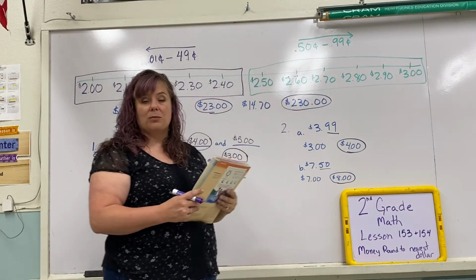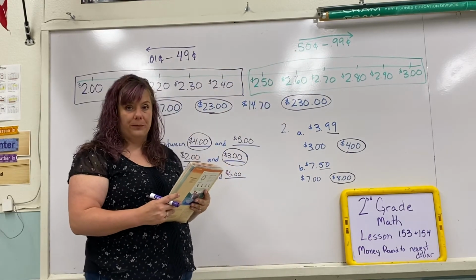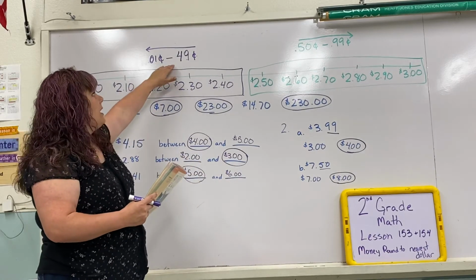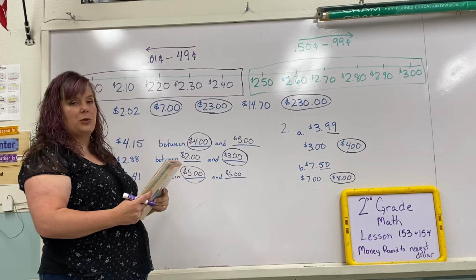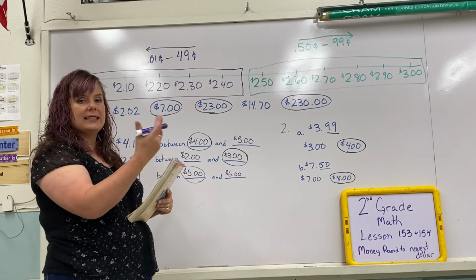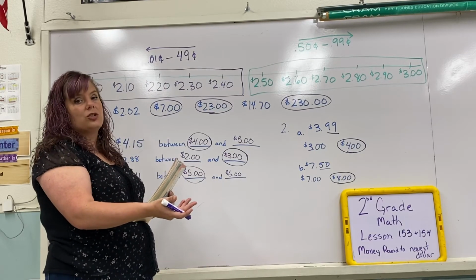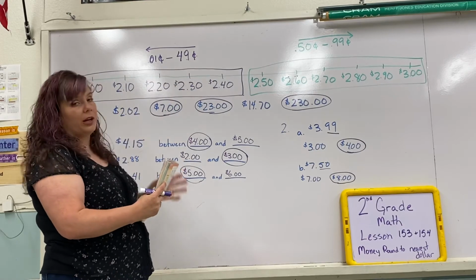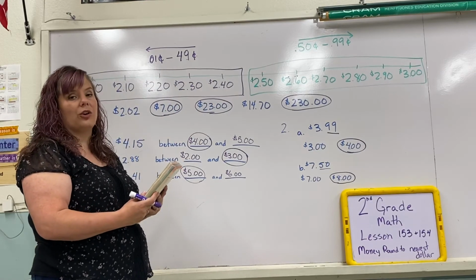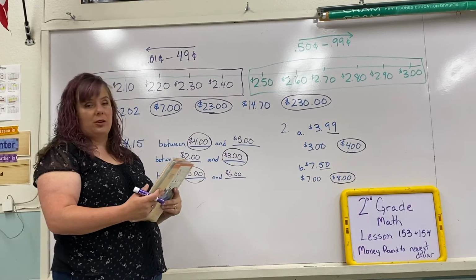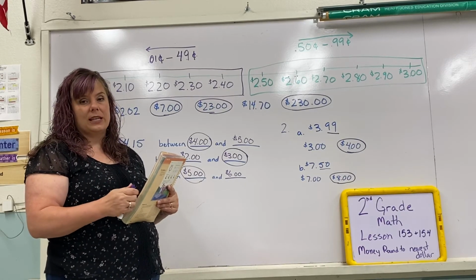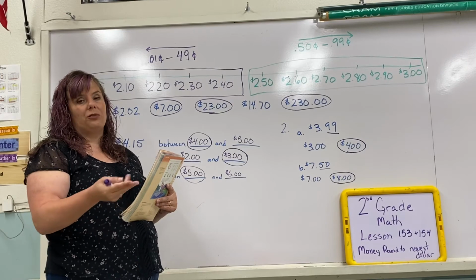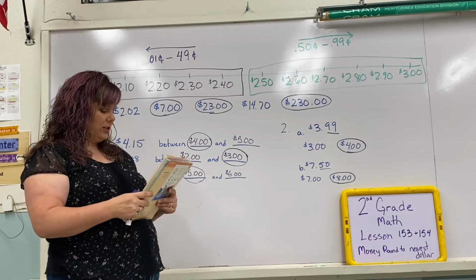Are we going with the smaller dollar or the bigger dollar? Yes, it's over here. So $5.40 would be between $5 and $6. So because it's in the smaller, we're going to go with $5. So your answer for B should be $5. If we round $5.40 to the nearest dollar, we're going to round it down to $5 because it's smaller.